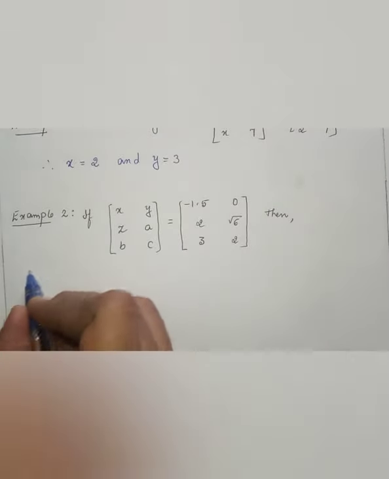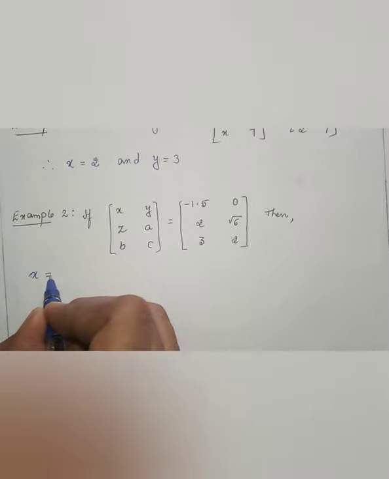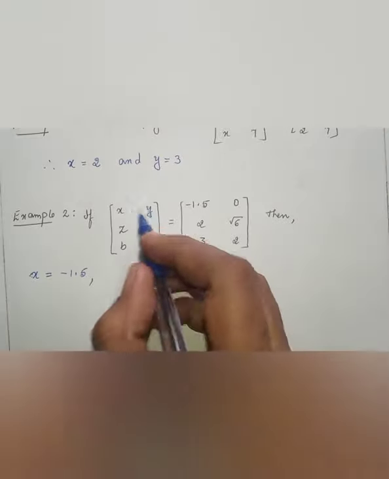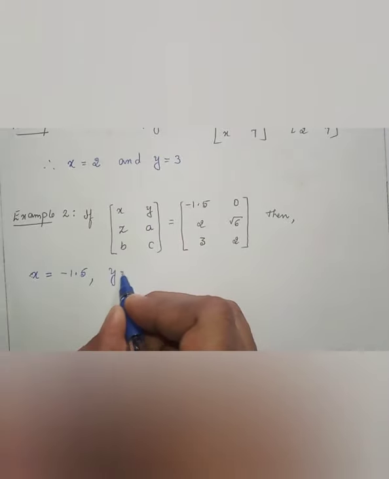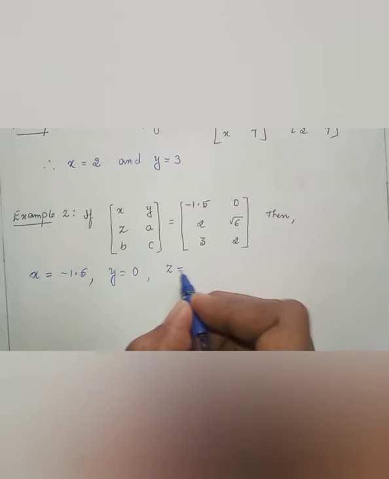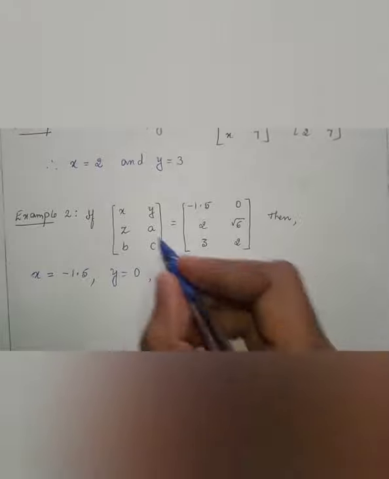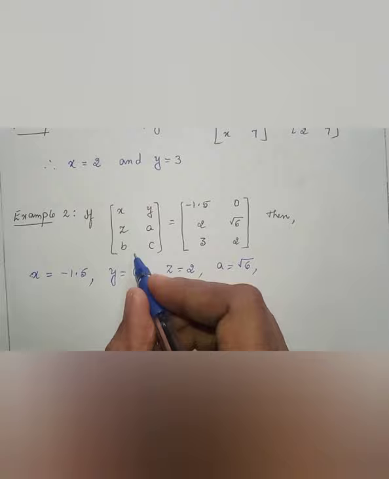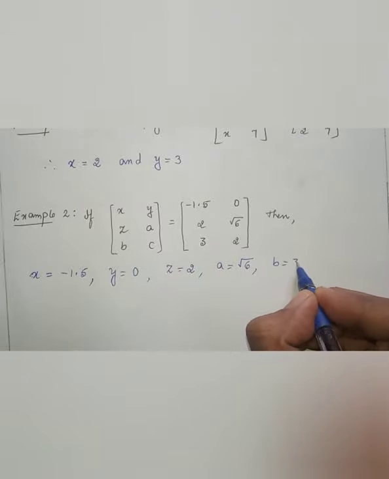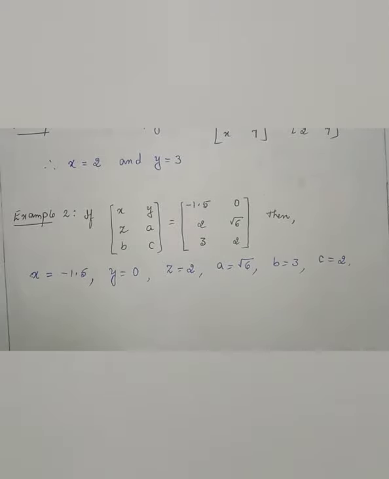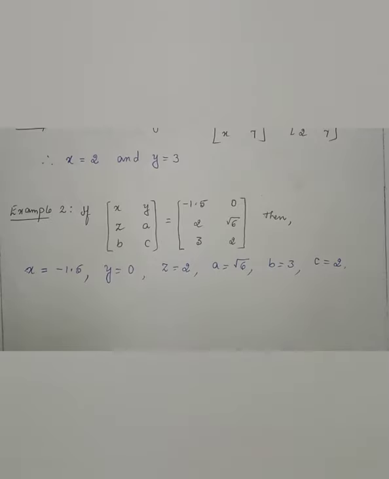That means x is equal to minus 1.5, y is equal to 0, z is equal to 2, a is equal to root 6, b is equal to 3, c is equal to 2. So this is equality of the two matrices here.